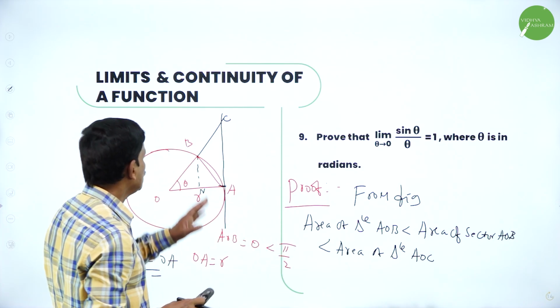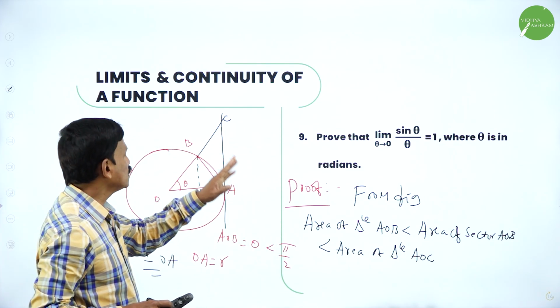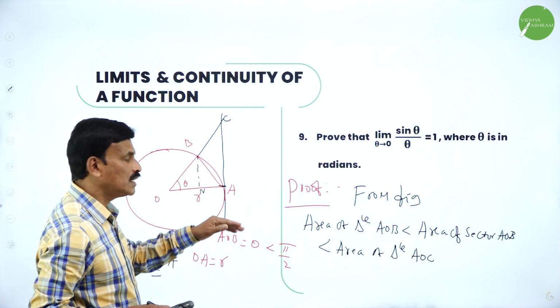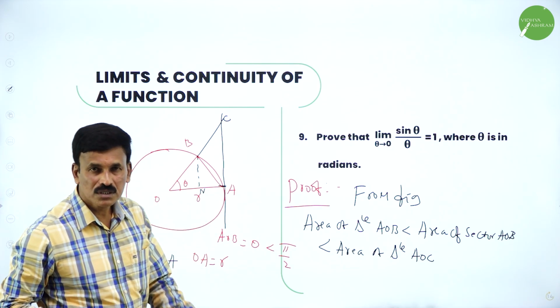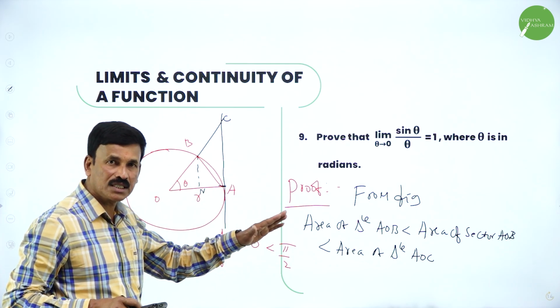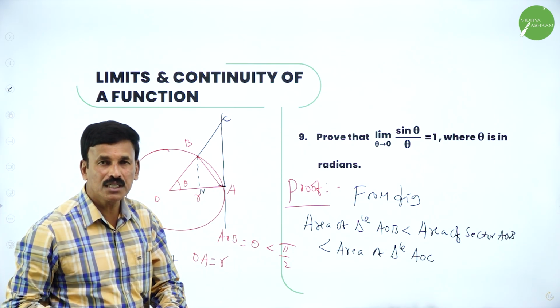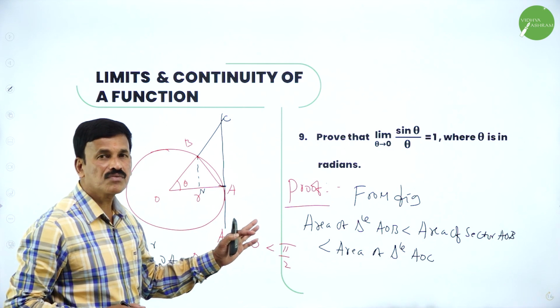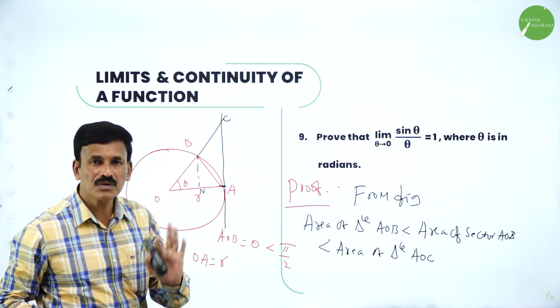So the area is greater for the big triangle, then next one is the sector, then the area of the triangle. That means area of triangle AOB is less than the sector AOB, which is less than the area of the triangle AOC. Now just find out the area, substitute and simplify, you'll get the answer.